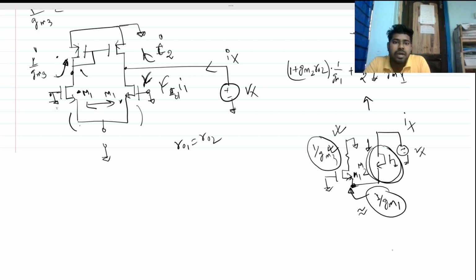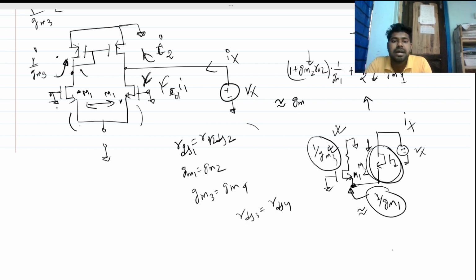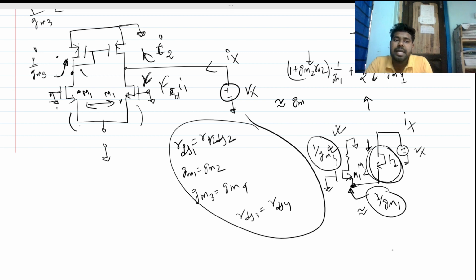So I am writing GM2 as GM1 because these are similar devices. So GM1 equals GM2, GM3 equals GM4, and RDS1 equals RDS2, and RDS3 equals RDS4. This is the meaning of identical devices.